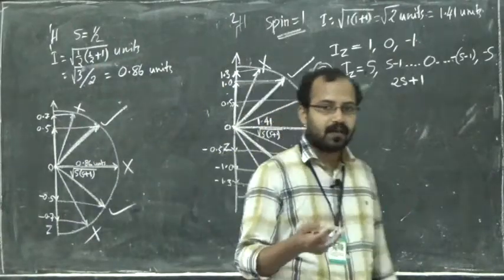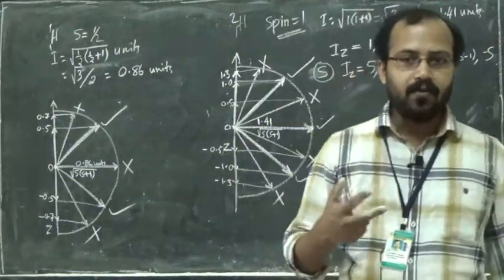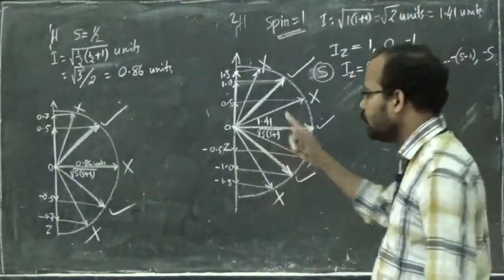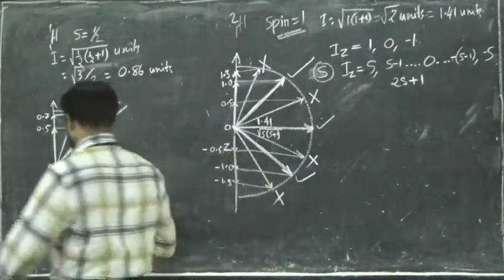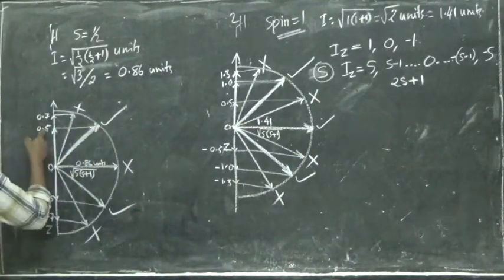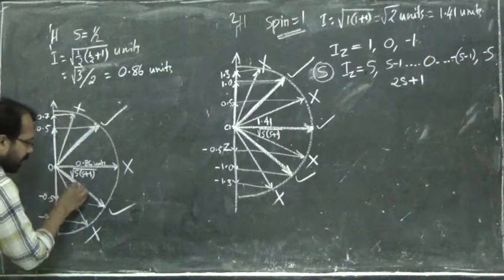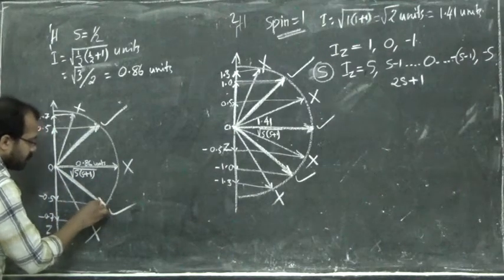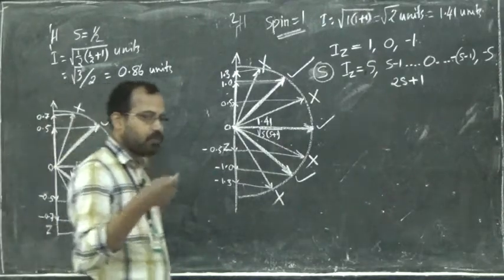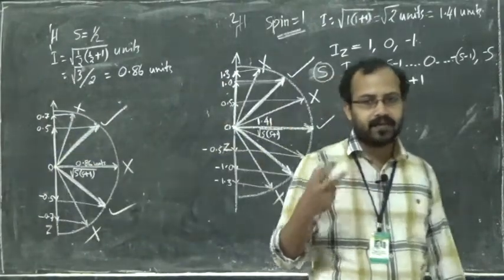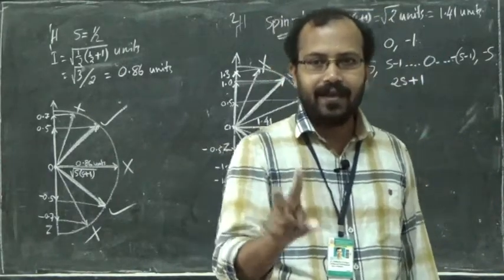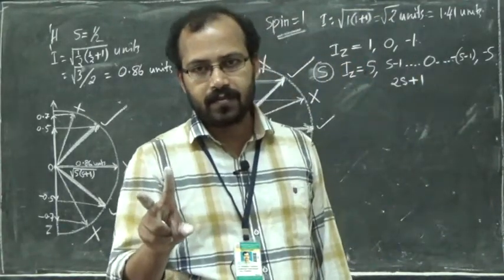So which angular momenta are allowed in this case? Only two. One is this one, whose component is 0.5, and the other is this one, whose component is minus 0.5. Only two angular momentum directions are quantum mechanically allowed here. There is again a spatial restriction.